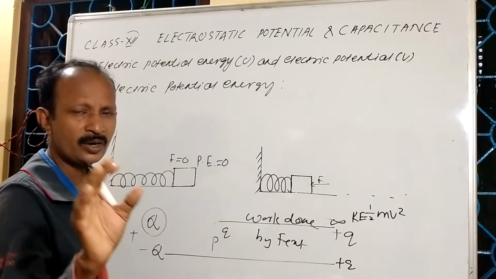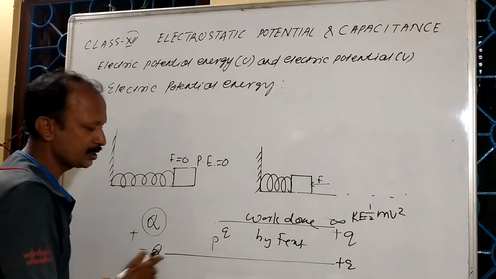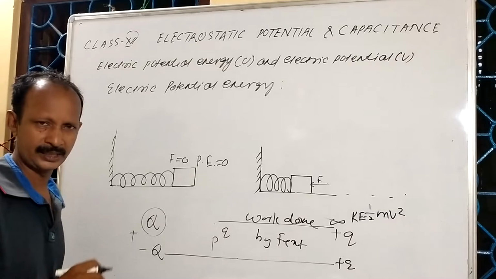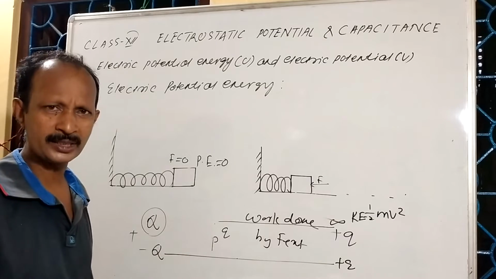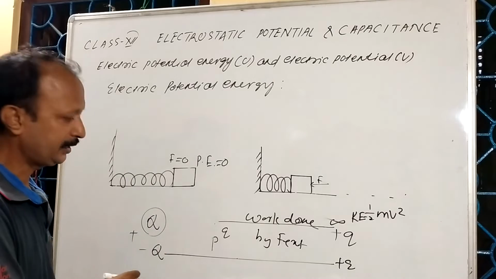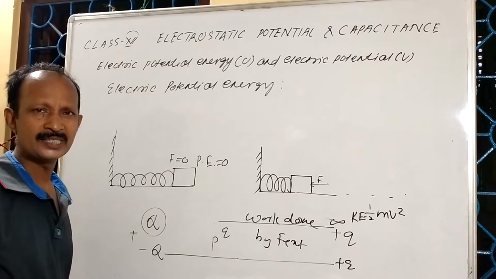No need to apply any external force, because this is the negative charge. Ultimately it will pull the test charge towards it. Whenever it pulls towards it, that energy is spent by it, which is stored in the form of potential energy.